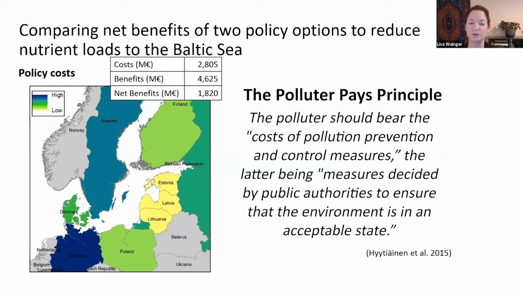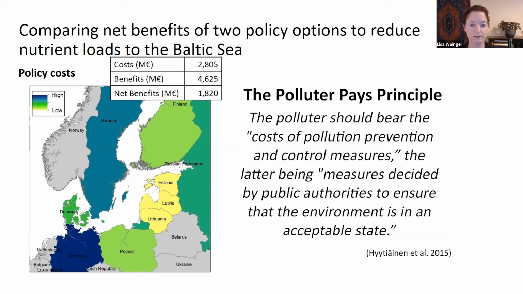Everyone who was polluting into the Baltic had to reduce a certain proportion of how much they were polluting. And the costs of that were 2.8 billion euros, the benefits 4.6 billion euros, and the net benefits were 1.8 billion euros. So that's a pretty good outcome. The policy delivers net benefits.